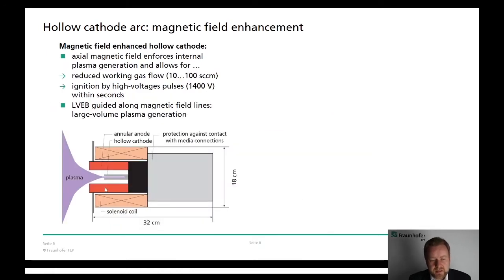In our device, the hollow-cathode tube is surrounded by an annular anode and a solenoid coil, both positioned coaxially around the hollow-cathode.